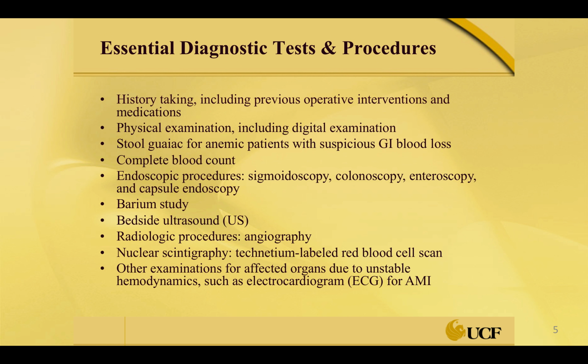Also, we need a complete blood count to determine the level of anemia. Endoscopic procedures like sigmoidoscopy, colonoscopy, enteroscopy, and capsule endoscopy. Barium studies, bedside ultrasounds, radiologic procedures like angiography, nuclear scintigraphy like using technetium labeled red blood cell scan, and other examinations for affected organs due to unstable hemodynamics, such as the electrocardiogram in the presence of acute myocardial infarction.